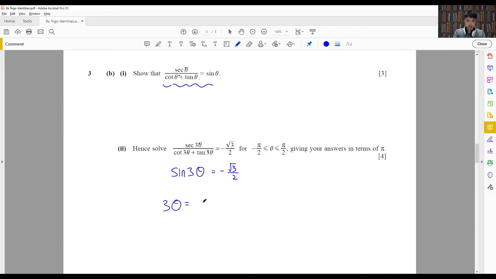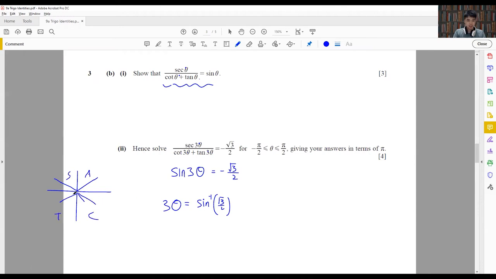3 theta is equal to the inverse of negative sine 3 over 2, right? What you would do is actually inverse sine of sine 3 over 2, and know that these two answers are supposed to be in the negative quadrant. So this is A, S, T, C, right?